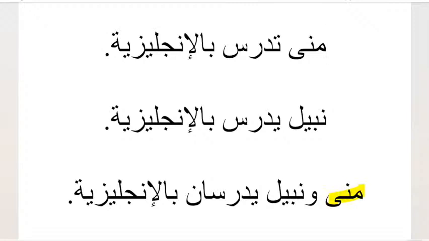Mona ونبيل يدرسان بالإنجليزية. Again, منى ونبيل يدرسان بالإنجليزية. Now, I want you to have a look at this sentence and decide which parts of the sentence you find different from the other two sentences.